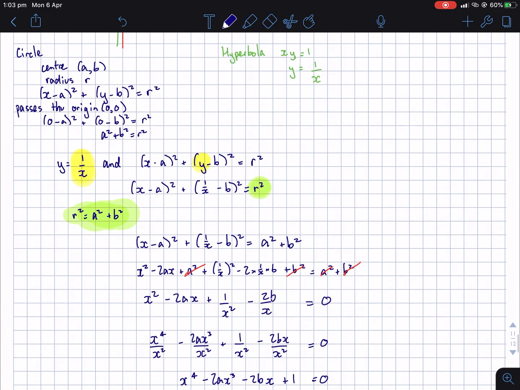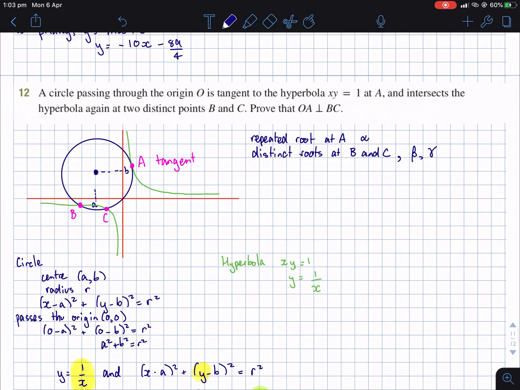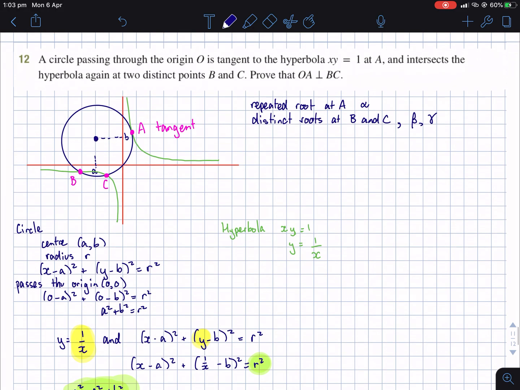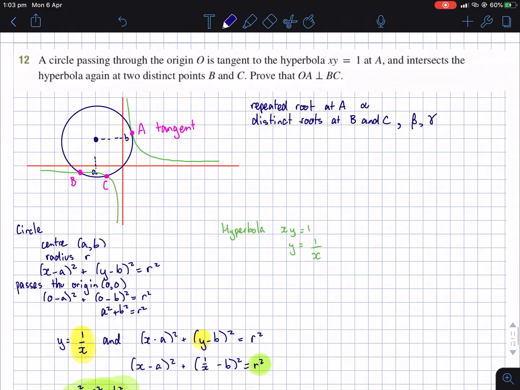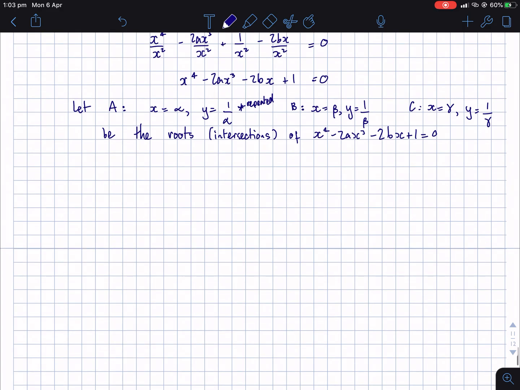What do they actually want? Prove that OA is perpendicular to BC. Okay. So the line OA goes from (0, 0) to (alpha, 1 on alpha).